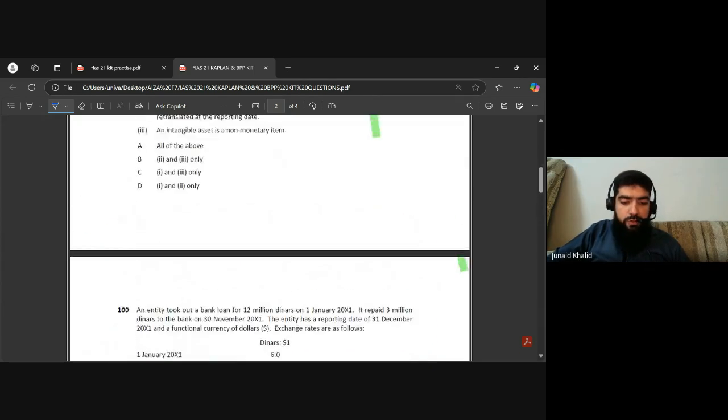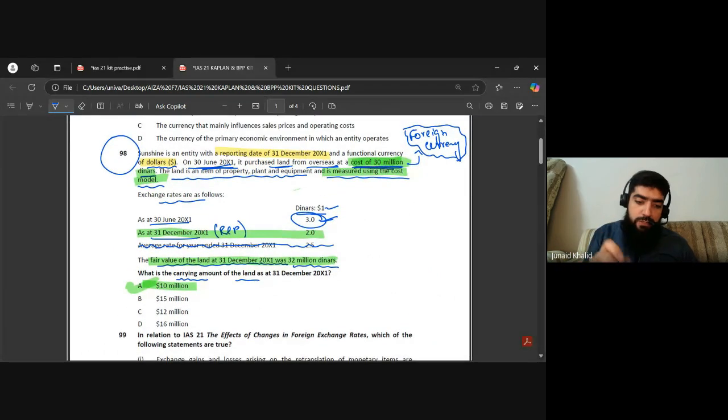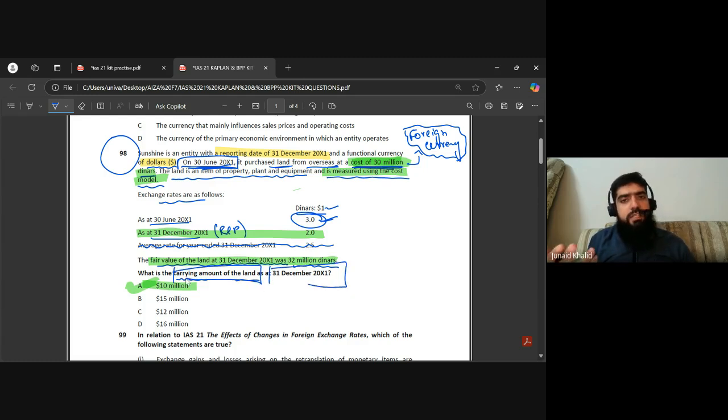Now, you might have a question in your mind: why didn't we calculate the depreciation over here? Can you answer this question? Although we purchased that property or land on 30th June 2001 and the date of reporting is 31st December, and the requirement was quite the same, we need to calculate the carrying amount of land.